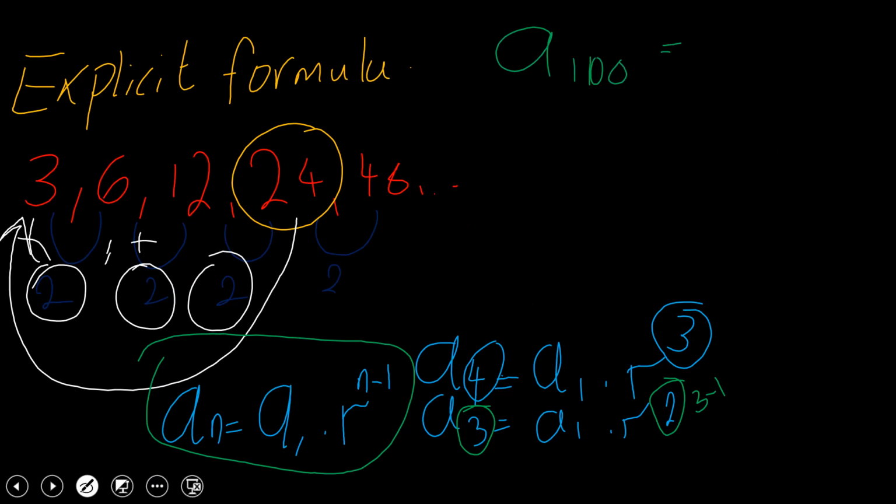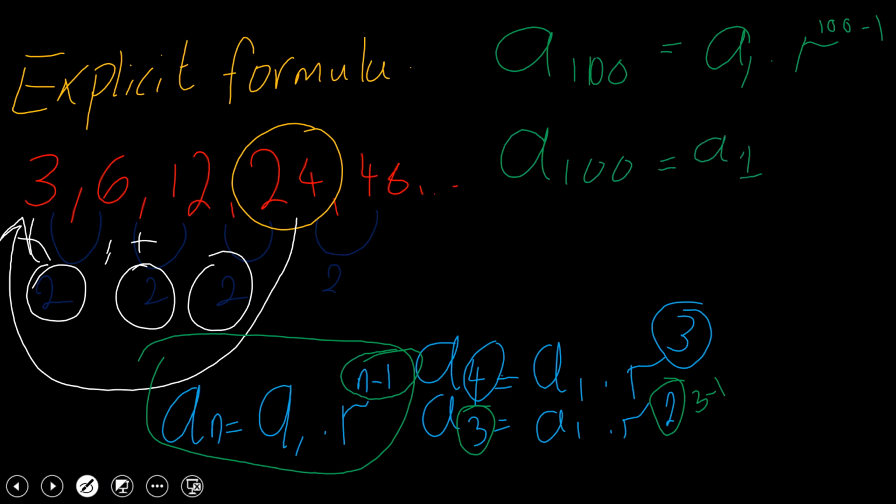A sub 100 is a1 times r raised to the power 100 minus 1. So a sub 100 is equal to a sub 1 times r raised to the power 99.